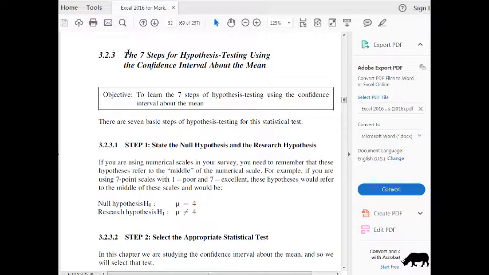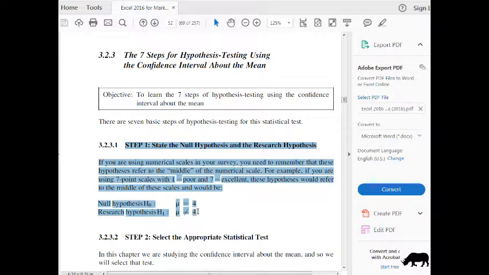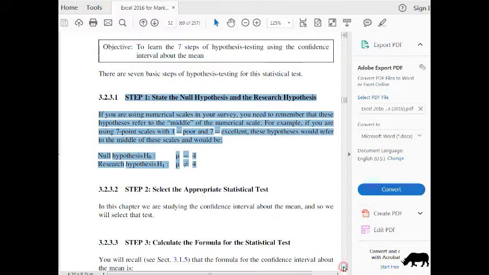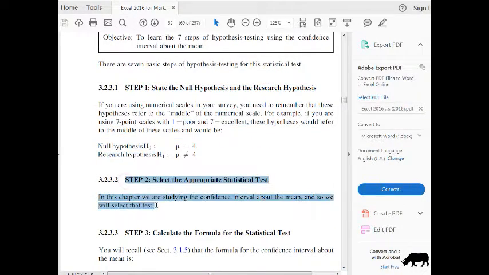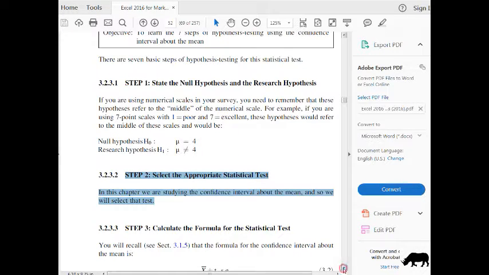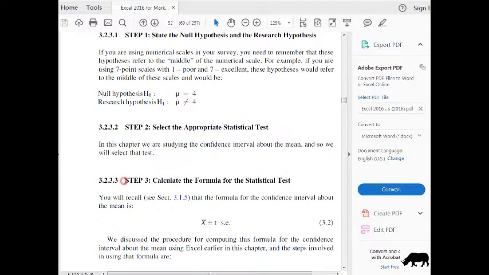And here are the 7 steps for hypothesis testing using the confidence interval about the mean. Objective: to learn the 7 steps of hypothesis testing using the confidence intervals about the mean. There are 7 basic steps of hypothesis testing for this statistical test. Study carefully rule number 1, rule number 2, and rule number 3.